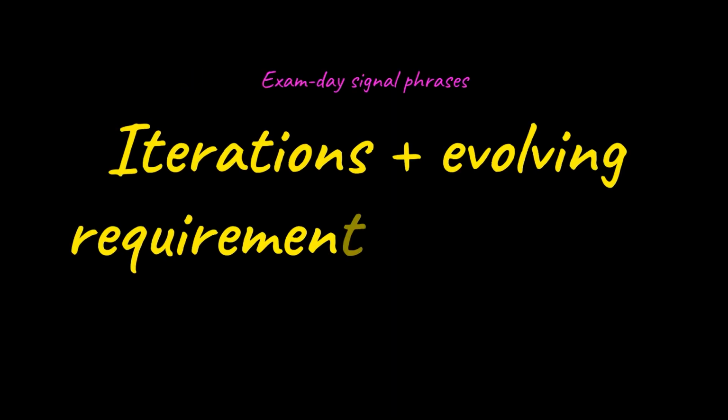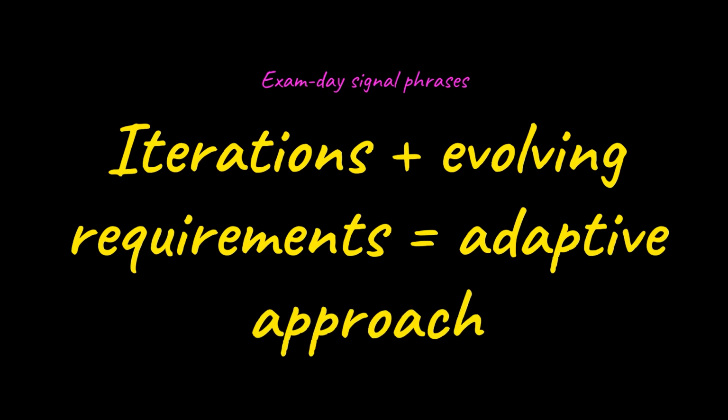When a question stem mentions iterations, evolving requirements, or feedback driving design, the named concept is the adaptive approach. Watch for waterfall or predictive planning as distractors. Those assume a stability that adaptive work deliberately rejects.